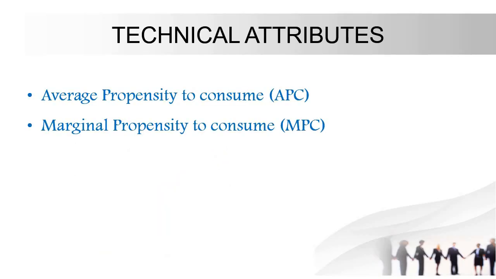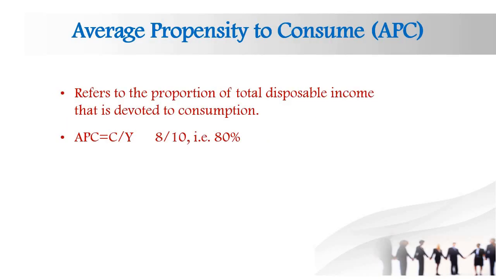Next, we move on to the technical attributes. Keynes has considered two technical attributes of the consumption function. One is the average propensity to consume, that is APC. Another is the marginal propensity to consume, MPC. The average propensity to consume refers to the proportion of total disposable income that is devoted to consumption.